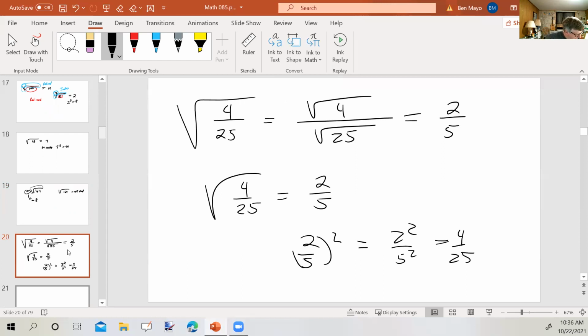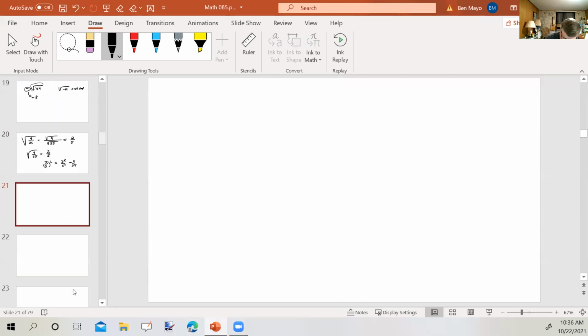All right, let's see here. We're going to use a calculator to find the square root of 340. And it says, give each answer to 4 decimal places. Since 340 is not a perfect square, we'll have to round it off, as it says, to 4 places. Now, you need to be careful.